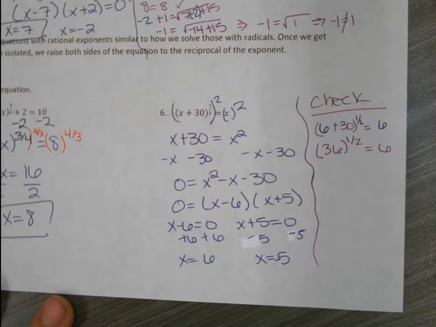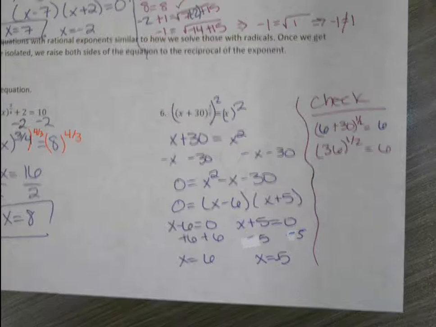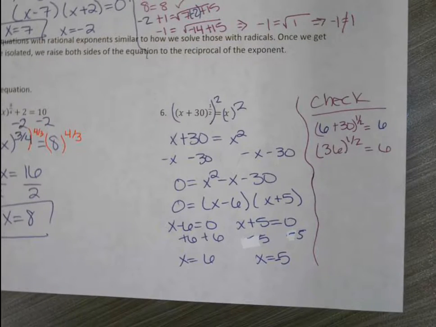Because that's the exponent, not divide by 2. No, I'm checking them individually. I'm checking them both individually to make sure they both make the equation true. So check 6 first and then -5. Okay, guys, do you have an answer for 36 to the 1/2 power?